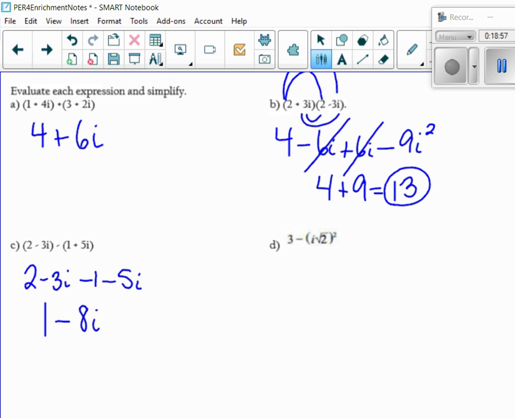Okay. This one's pretty crazy. This one, you may need a little bit more, but you could probably figure it out. Let's see. Does anybody think they know what i root 2 times i root 2 would equal?